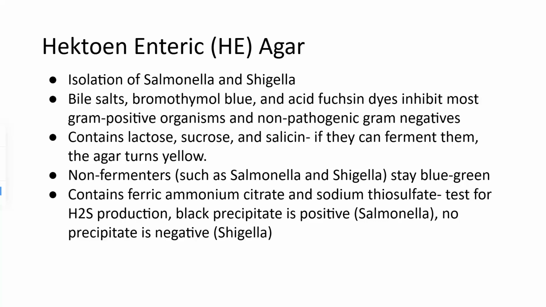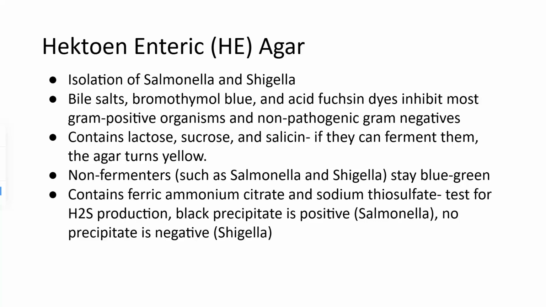If we see any blue or green ones, those are the ones that we pay a little bit more attention to. It also contains ferric ammonium citrate and sodium thiosulfate, which is used for H2S production. A black precipitate means that it's positive for H2S production. Salmonella would be black.